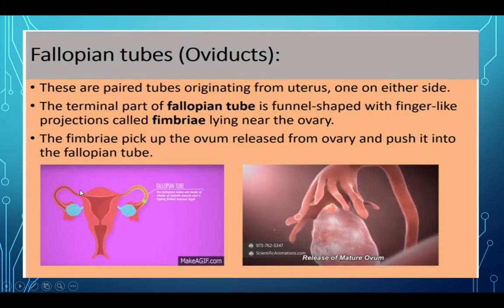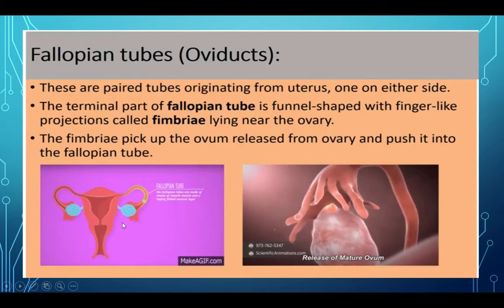Can you notice? The terminal part of the fallopian tube is funnel shaped. Can you see the funnel shape here? You can see it very clearly in this picture. A funnel shaped part with finger-like projections.